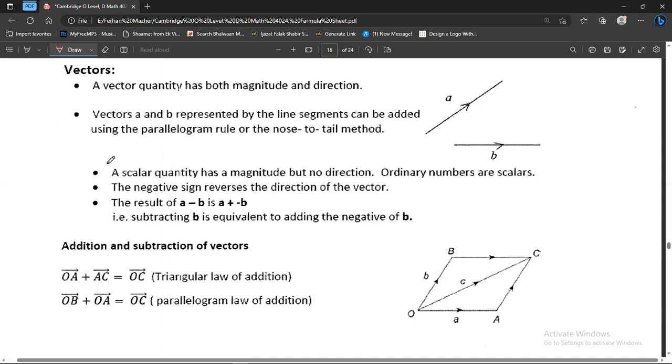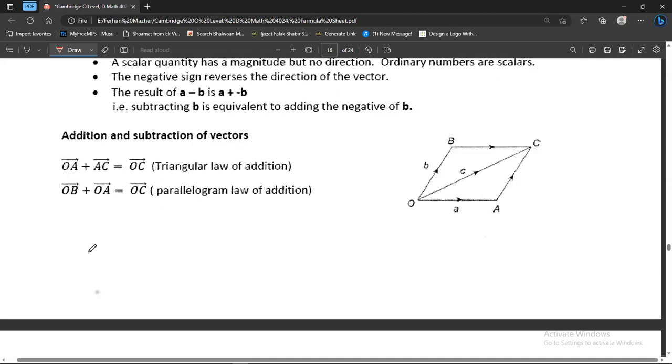Addition and subtraction of vectors. So for example, if you want to add OA and AC, you can use the triangular law. If you want to use the triangular law, what you do, you draw OA, and on the head of this vector, you draw the tail of the second vector.